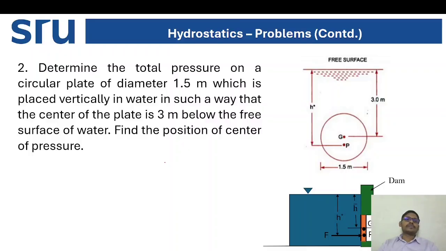Just now we have seen a rectangle, now we are going with a circle. The diameter is 1.5 meters, and it is placed vertically in water in such a way that the center of the plate is 3 meters below the free surface of water. Find the position of center of pressure.